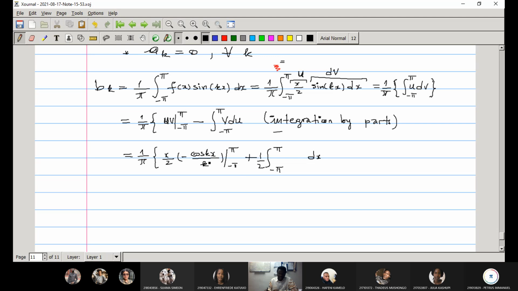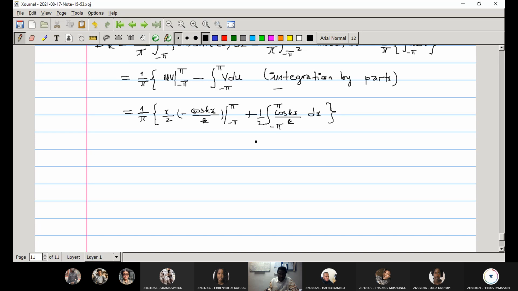And then I substitute that inside: cosine kx by k. And I can quickly rearrange and take that out. So I can take this k out. So that's 1 by pi. Even this negative, I can take this negative out.